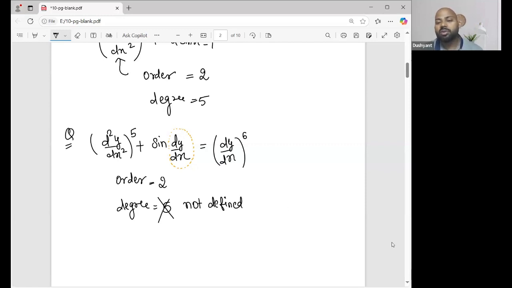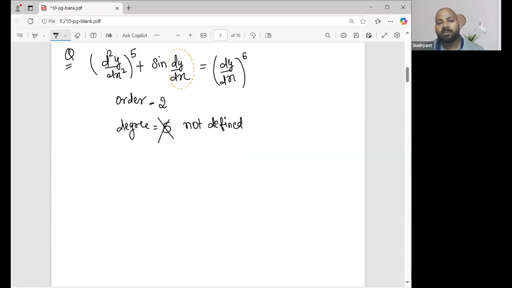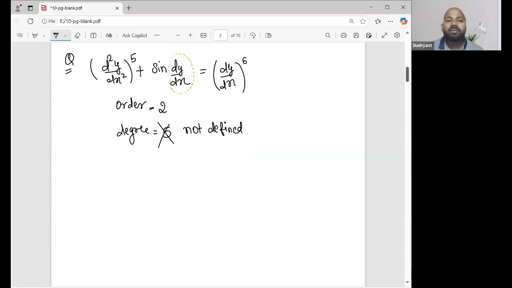We have some rules for differential equations. Order means the highest order derivative. That's my 2 here, no doubt. But for the degree, we have to make sure of a few things: there must be no derivative inside a trigonometrical function.